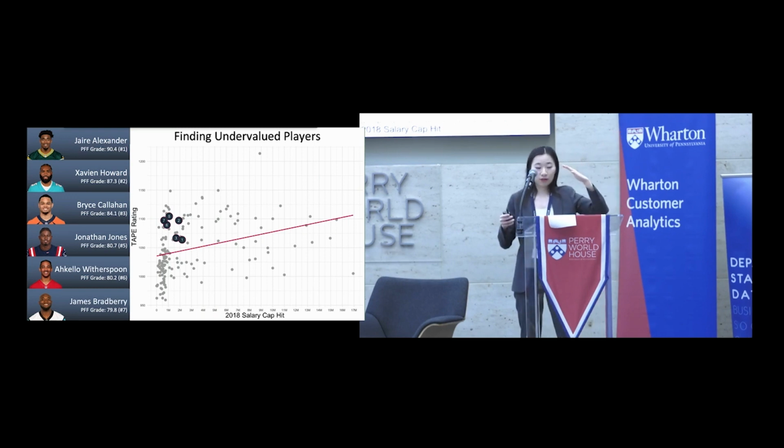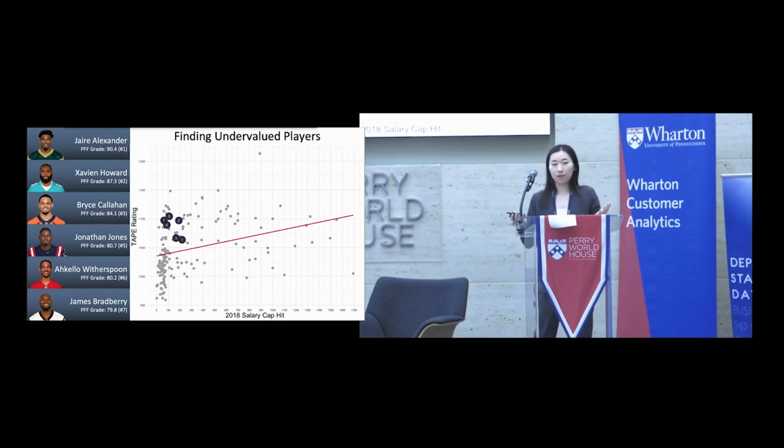Because they're all above the line, we would call them underrated, and you would probably want to target them in free agency or something. But also you can see James Bradbury at the bottom. He's an Eagle this year, part of the Super Bowl team, the Eagles. So I would say that this validates our model as well.